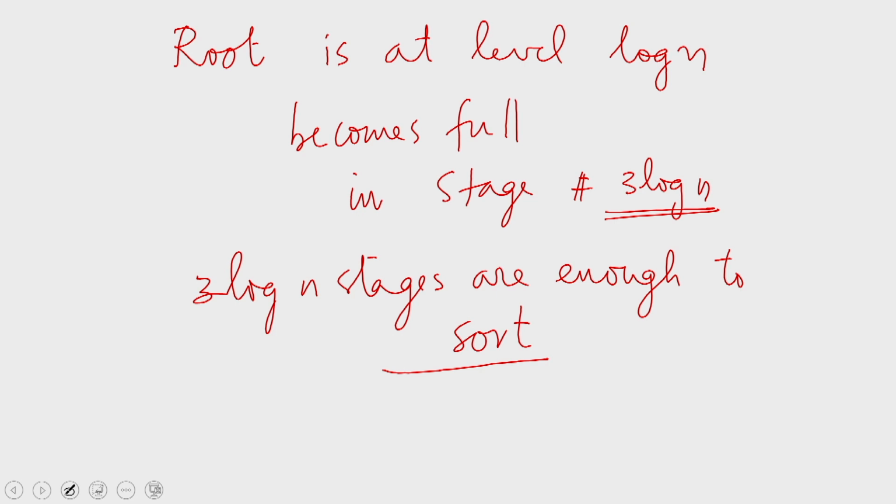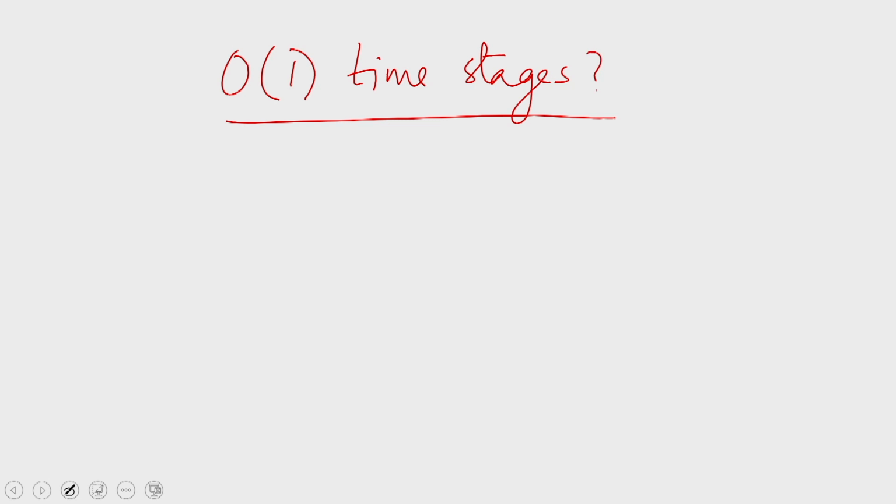Now, what we have to establish is that each stage can be executed in order 1 time. But how do we achieve order 1 stages?